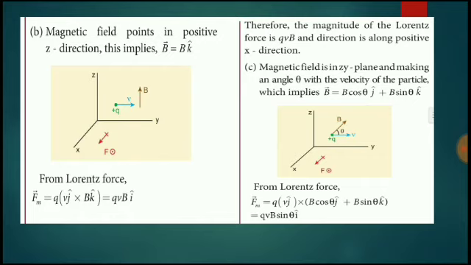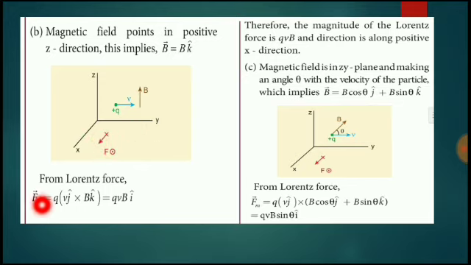The charge is moving in the same direction, but the magnetic field is in a perpendicular direction. So this time the particle experiences a force perpendicular to the magnetic field. This is the direction of the magnetic Lorentz force.